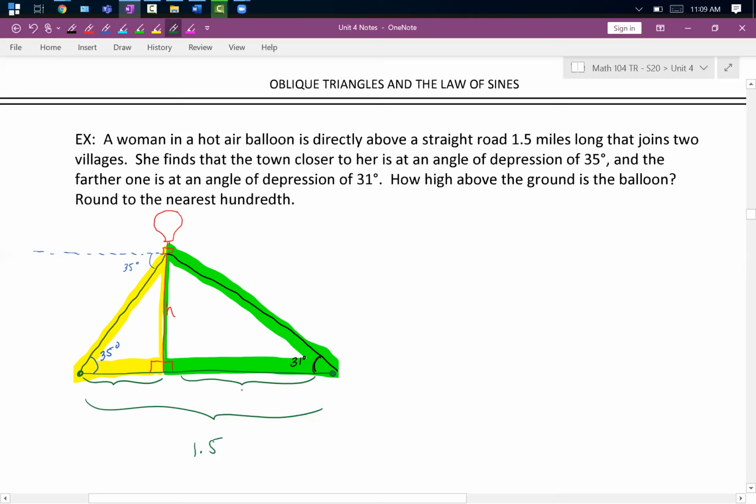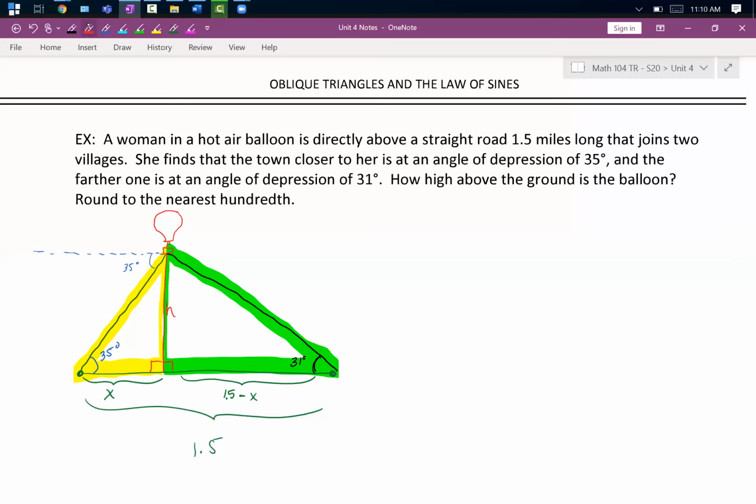I could call this one x, and the other one, since the entire distance is 1.5, we could call this one 1.5 minus x. What we can do is write variable expressions that represent the height of each of these 2 triangles and solve for x. That would give us the bottom, and then we can find the height.